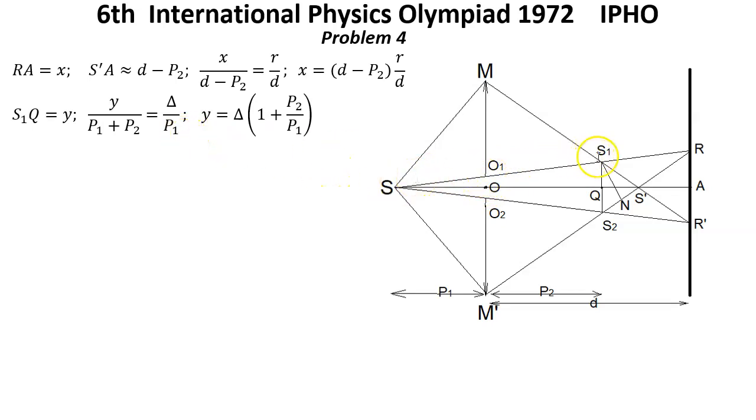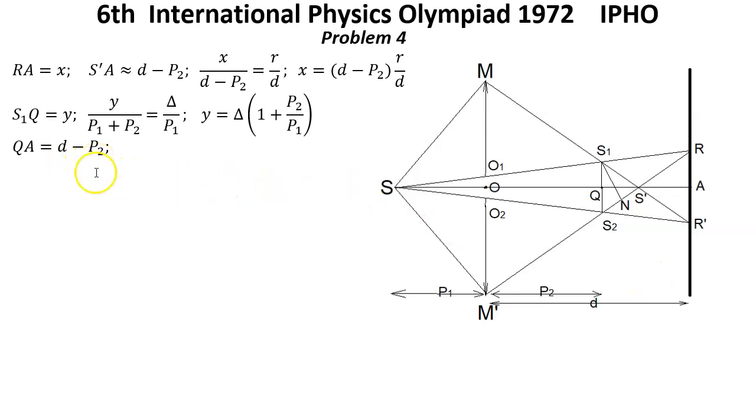This is from these two triangles. And then from here we can find that y equals delta multiplied by 1 plus P2 over P1. And the last thing is the distance QA. That's equal to D minus P2.